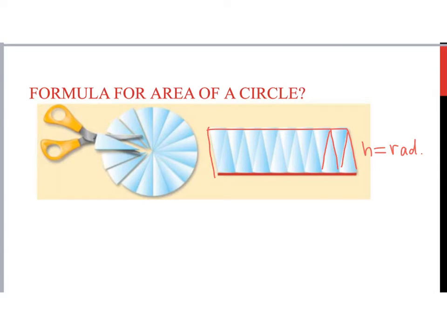And the base, which is what we have down here, is actually going to equal 1/2 of the distance around the circle, because I have half down here and I will have half of them up here.